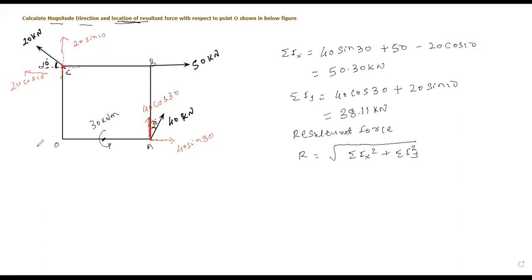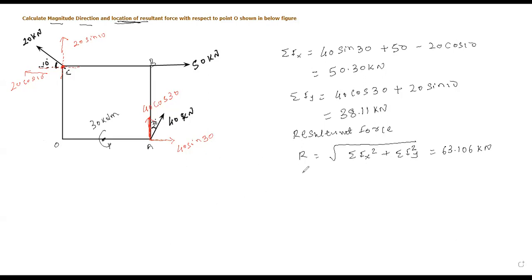I want more answers, please. Okay, 63.106, fine. That is equal to 63.106 kilonewton.